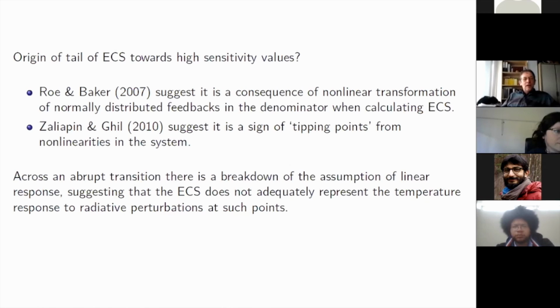So in a sense, extremes in the climate sensitivity could well be an indication that you're getting critical slowing down in the system, that you are near a bifurcation point. And one of the things that we've done in this study is to show that, to some extent, both of these processes can be present in causing high sensitivities.